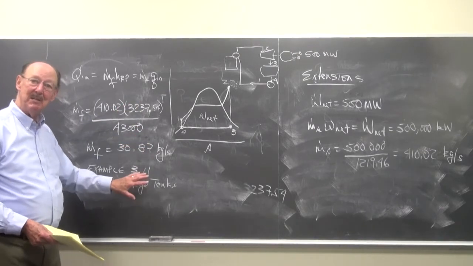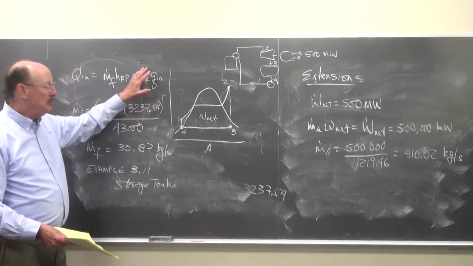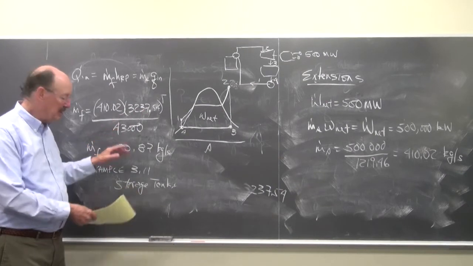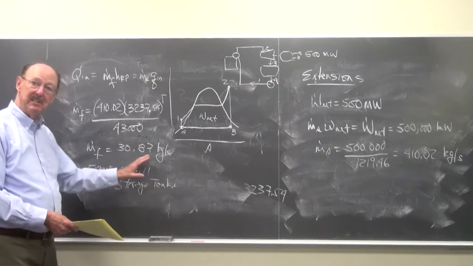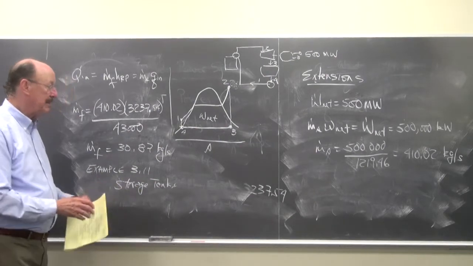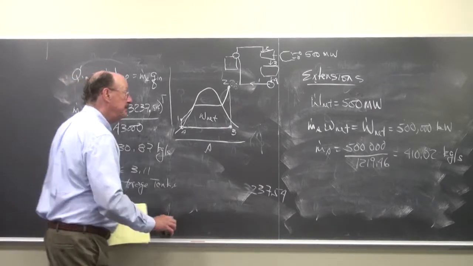So you can do the same thing now. You can go back there and see. So there's an example, and you'll see where the numbers that were given in that example came from. But you can figure out the storage tanks and all the things that we had talked about in the first course in thermodynamics. Now, let's look at the condenser a little bit more.